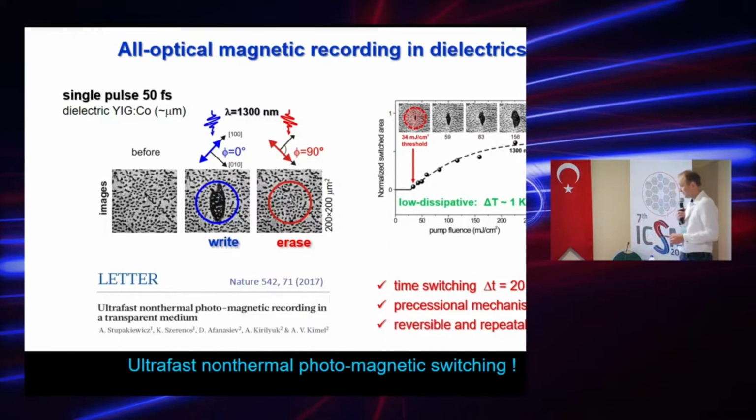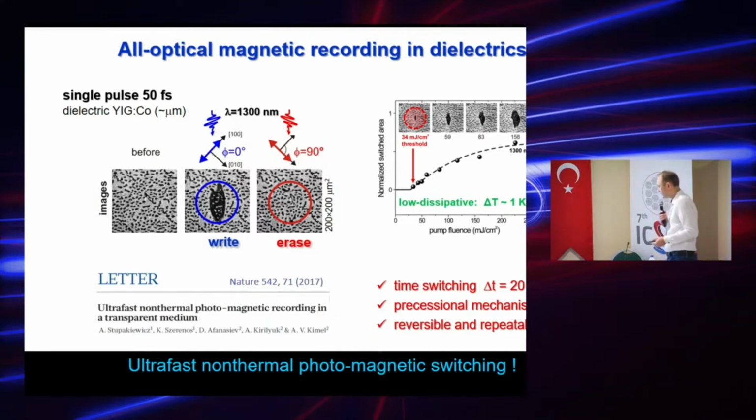In our effect, we demonstrate low dissipation of the switching. The temperature during switching changed by close to 1 Kelvin, so practically nothing. So we expect that over many cycles of switching, the temperature of the material will stay the same, close to room temperature.